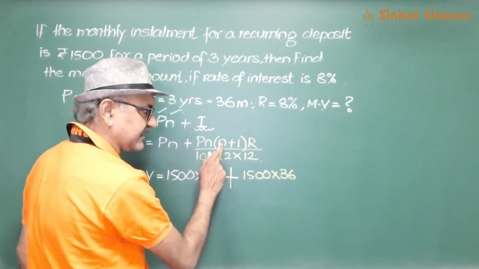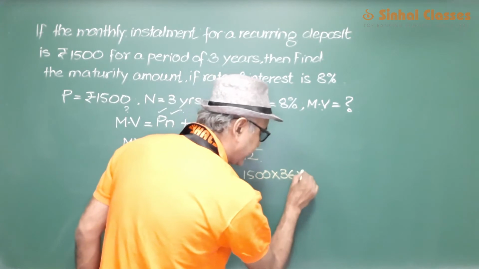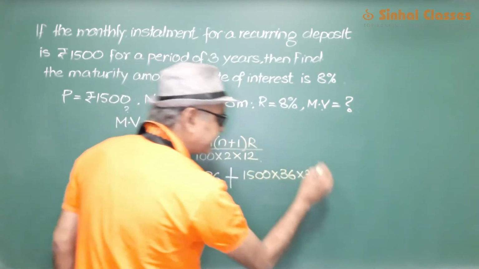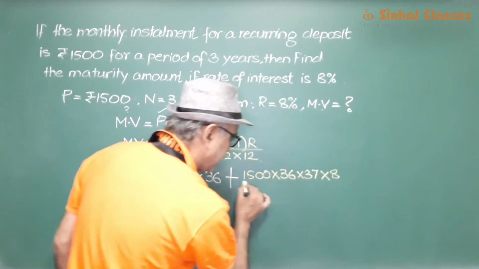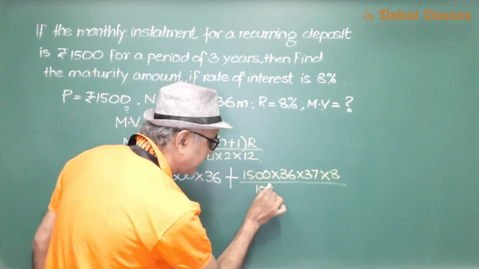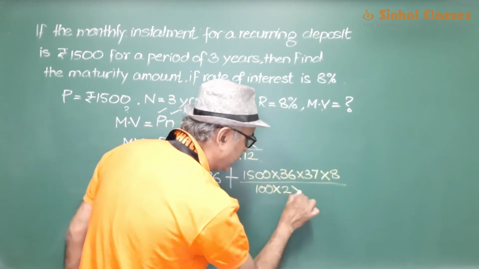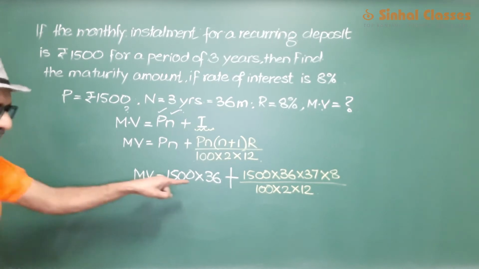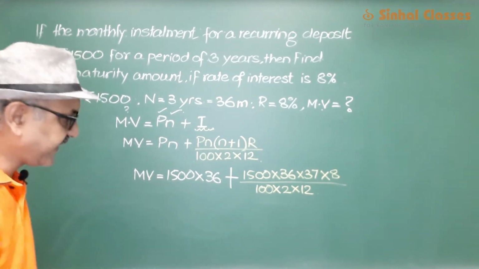N is already 36. So 36 plus 1, which is 37, R, which is 8, upon 100 into 2 into 12. This is the calculation that you will do to get the final result.